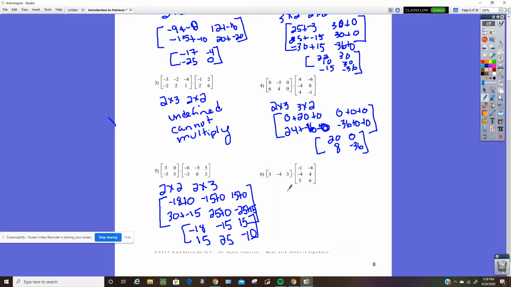And here we have a 1x3 and a 3x2. So you can get a 1x2.